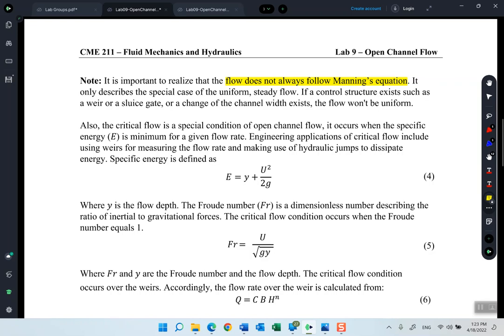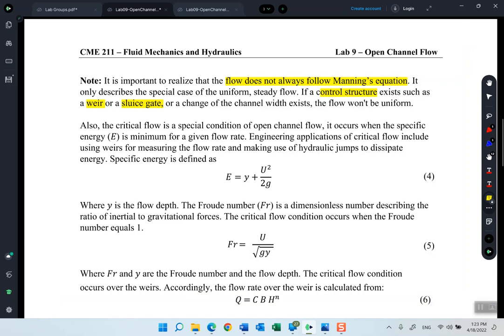So if you have a non-uniform flow or an unsteady flow, you can't use the Manning equation. So what are the cases where the flow becomes non-uniform? There are several cases actually, but for example, if you have a control structure within your channel, and as examples of these control structures, something called weirs or sluice gates.